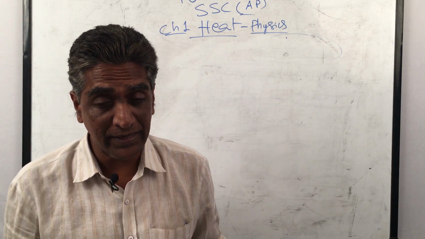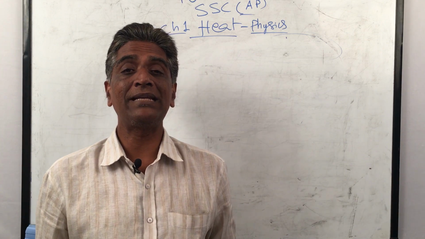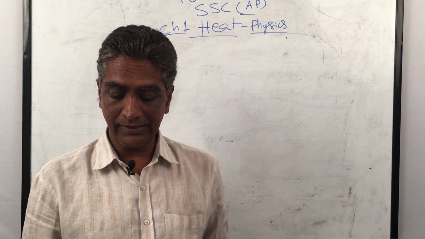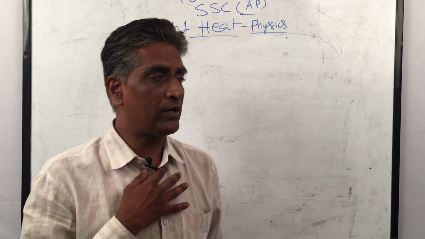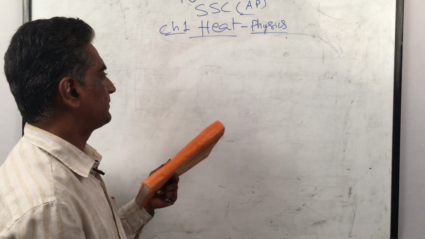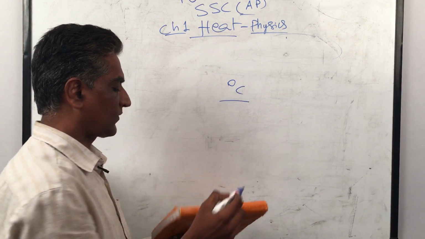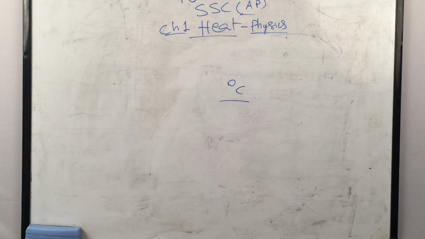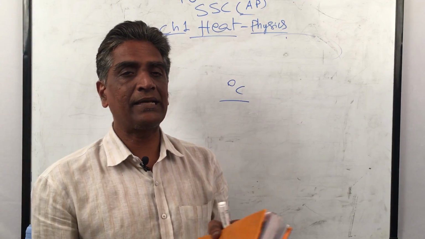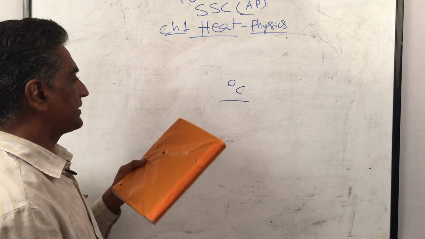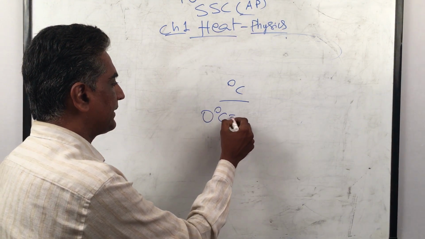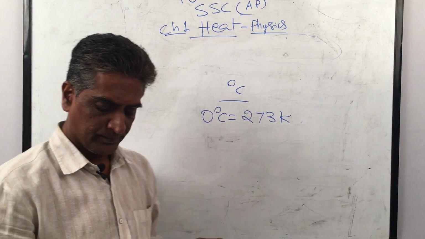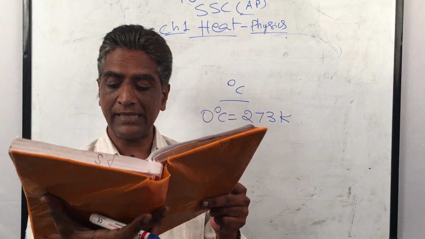The SI unit of temperature is Kelvin, K. It can also be expressed as degree Celsius, degree C. Now there is a conversion here, see carefully. 0 degree centigrade is equal to 273 Kelvin. How would you convert degree Celsius to Kelvin?